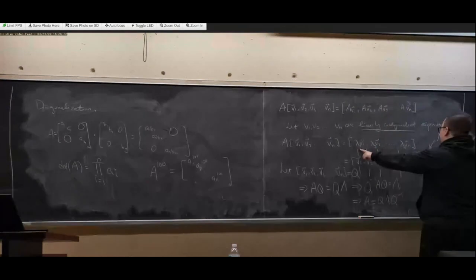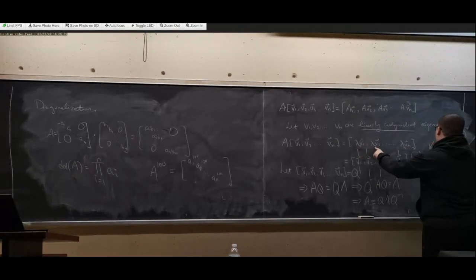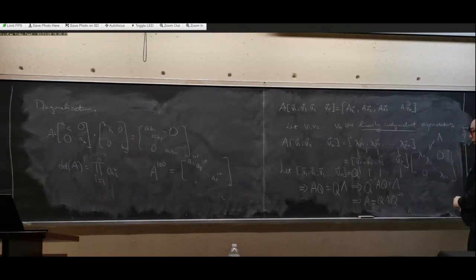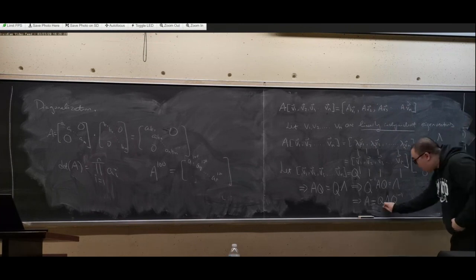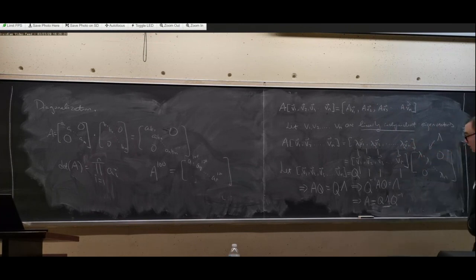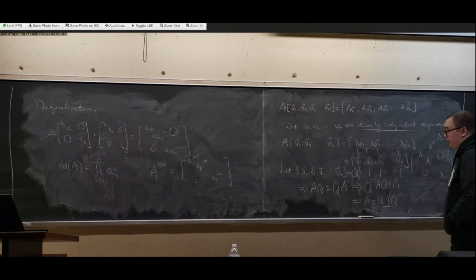So these eigenvalue-eigenvector pairs are paired up in the correct order. We have just generated a diagonal matrix starting from any matrix.